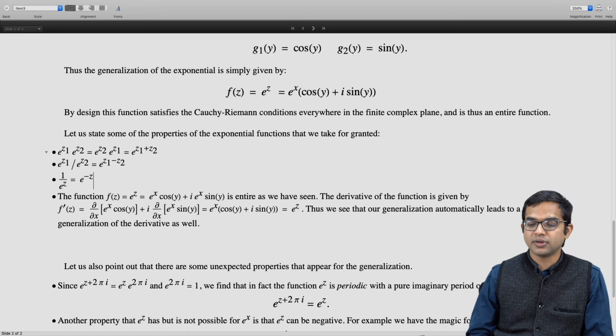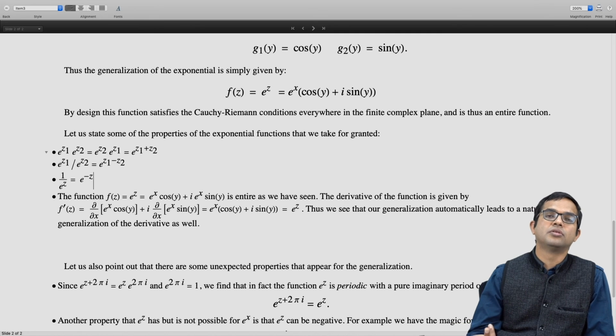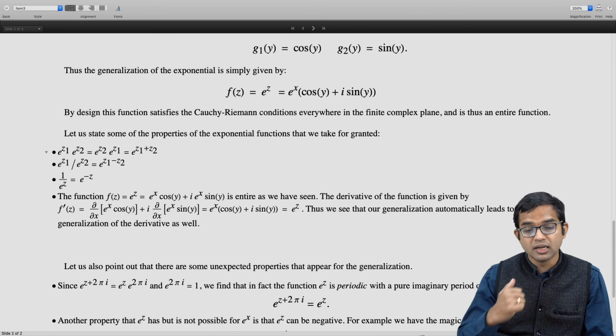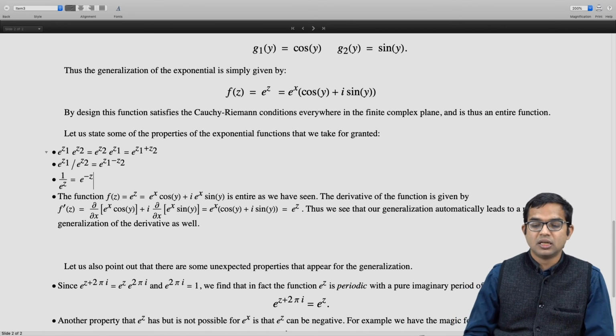So we find that e to the z is periodic with a pure imaginary period of 2 pi i. You can add any integral multiple of 2 pi i to your z, and if you take the exponential of this number, you get back the same answer as for the original complex number. So the exponential function is a periodic function in the complex plane.